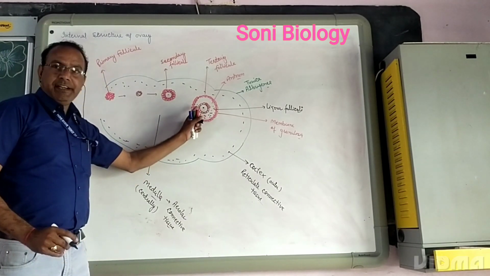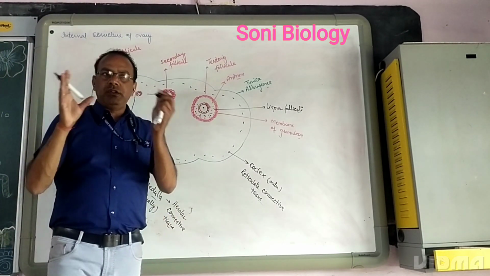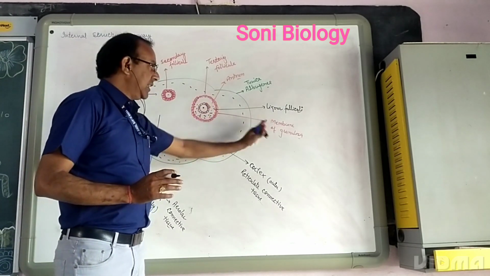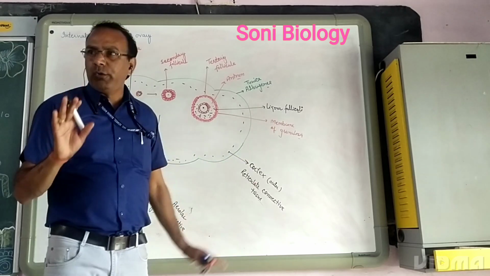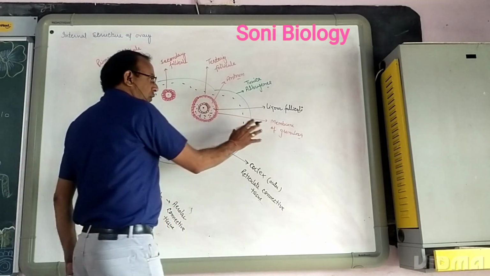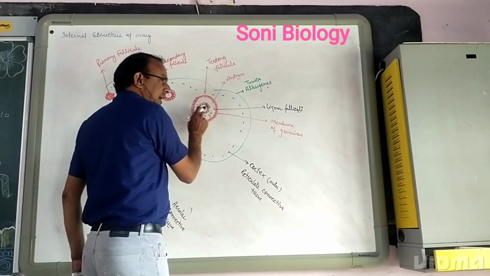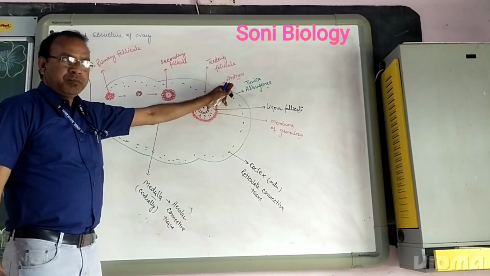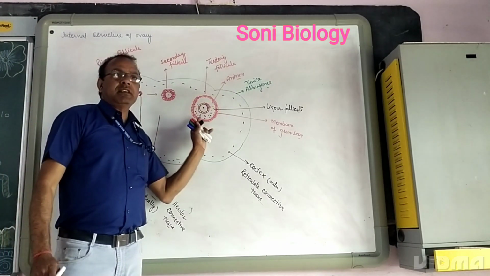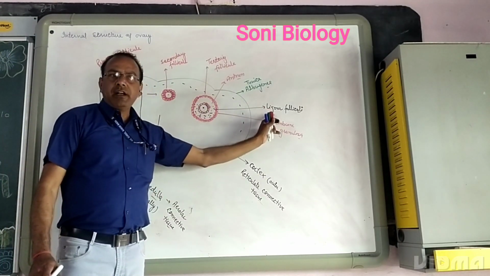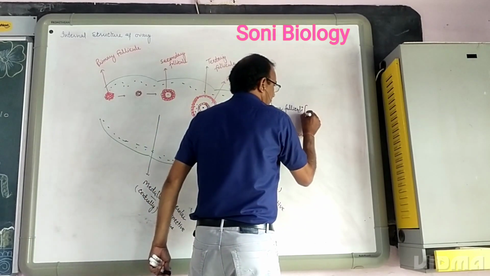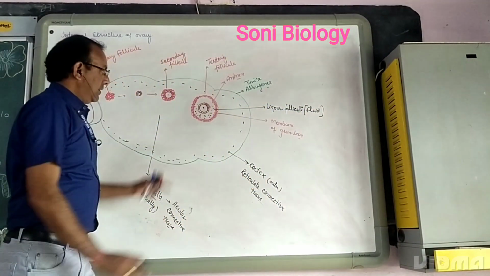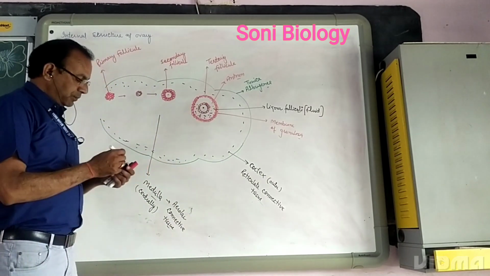Again, the secondary oocyte starts to deposit other layers of follicle cells, called the membrana granulosa. This membrana granulosa forms a cavity around the secondary oocyte. This cavity is called the antrum, and it is filled with the fluid called liquor folliculi, which is formed by the surrounding follicle cells.